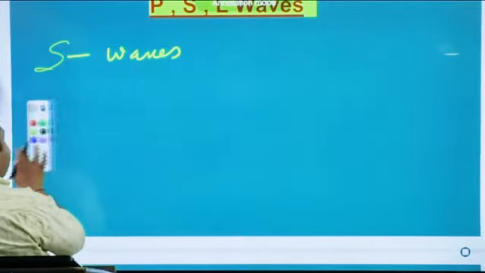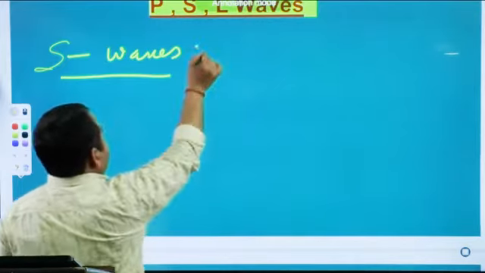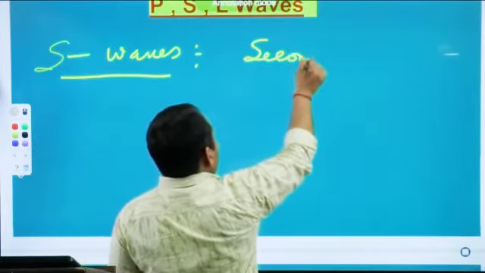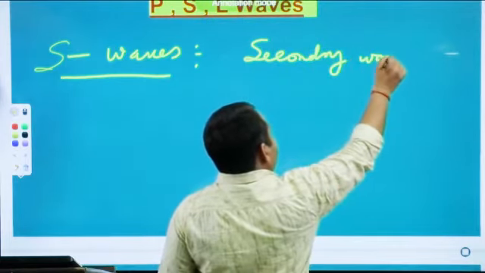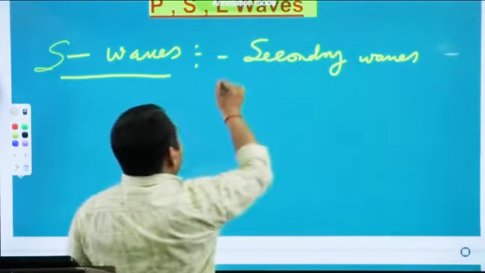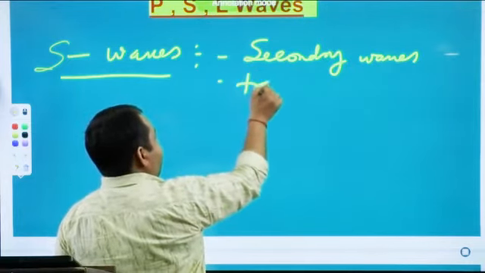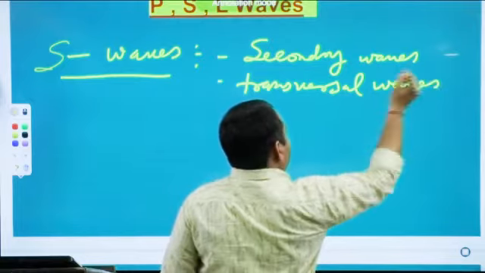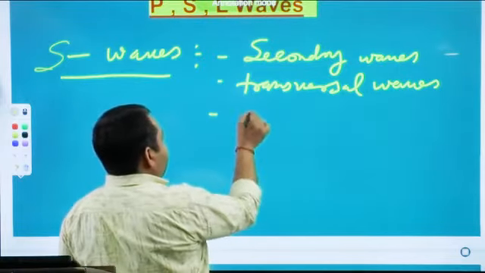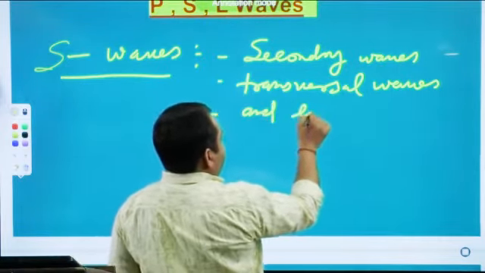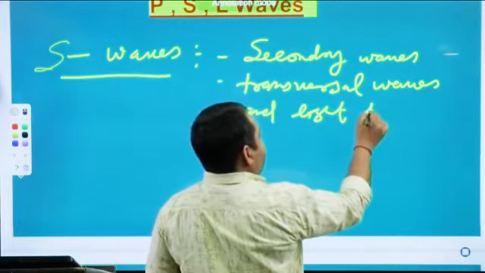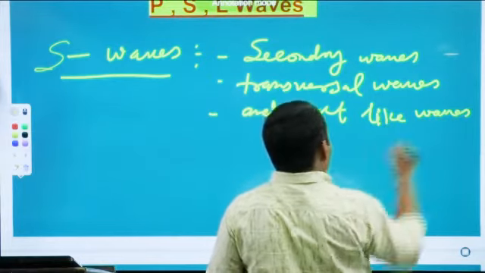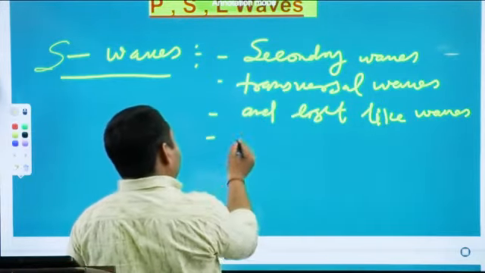What are S waves? These are called secondary waves, transversal waves, and light like waves.